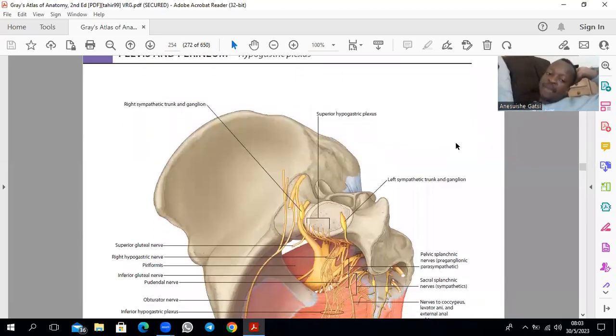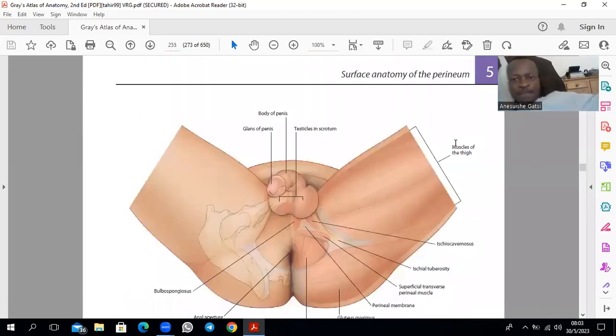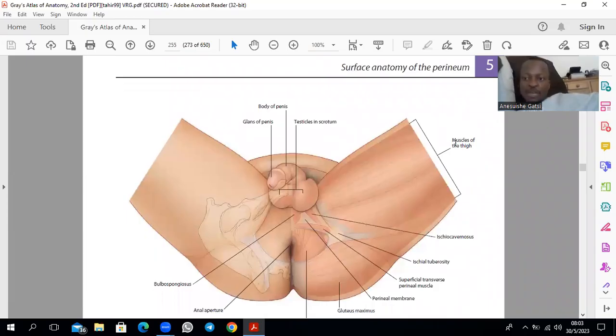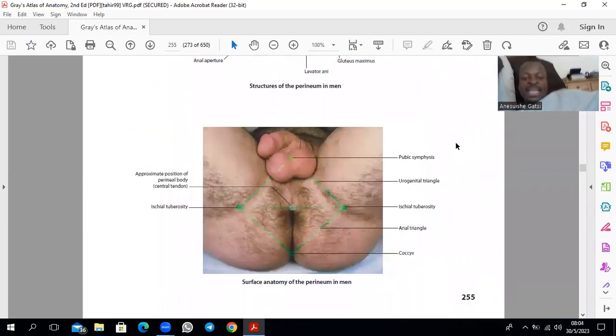The nerve supply for pelvic organs is basically inferior hypogastric plexus. It carries both sympathetic and parasympathetic. Right. Then this is the surface anatomy in the perineum, where you divide your triangles into a urogenital triangle anteriorly, then an anal triangle posteriorly, there where there's the opening of the anal canal.